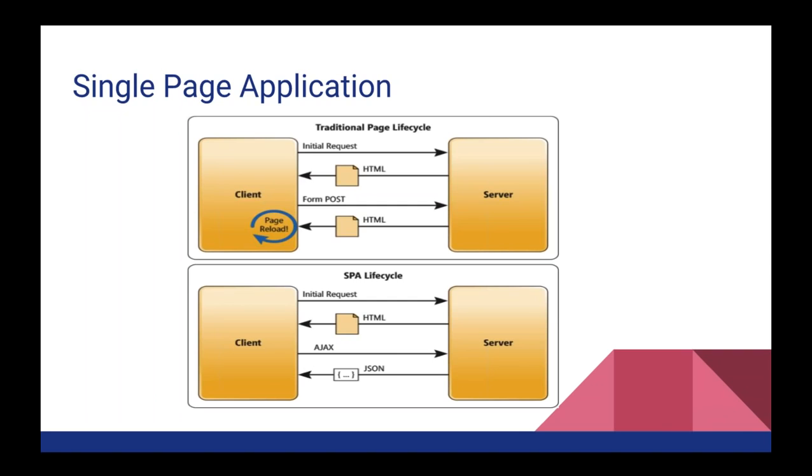So in a traditional page lifecycle, if you would have seen the previous Visualforce or the way Salesforce tabs are structured, what happens there is when you load a web page, you get a set of tabs, initial HTML renders, which will have links to other HTML.